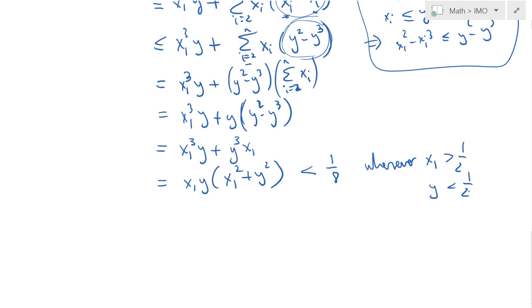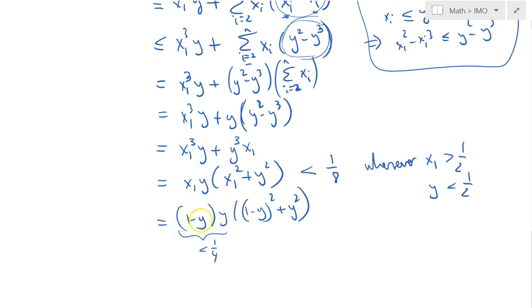For instance, I will not show it here, but one idea is you can simply replace x1 with 1 minus y, so you'll get 1 minus y times y, and then you'll have 1 minus y squared plus y squared, and you can factor out. Obviously this part is less than, because y is less than 1/2, so this thing is definitely less than 1/4.